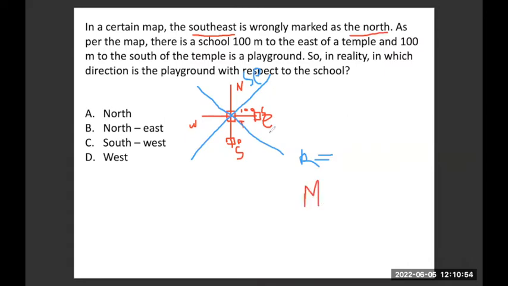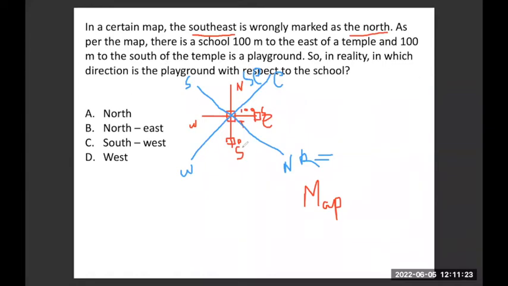I'm writing it here just for your reference. We'll go back to the blue color. This is the southeast, this is the east direction, opposite of south is north, and this is the west. So in reality, in which direction is the playground with respect to the school?